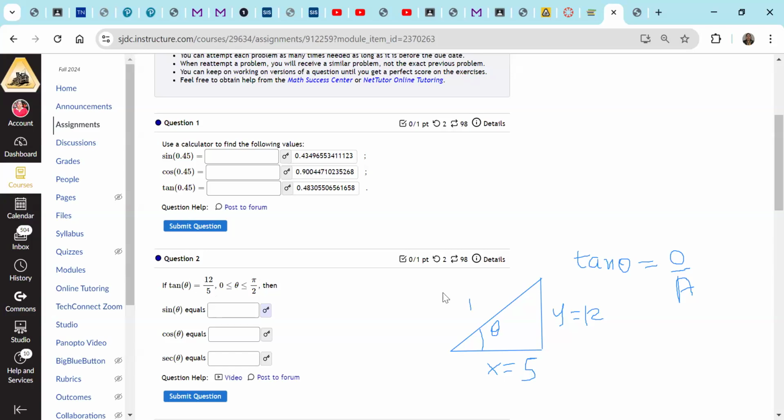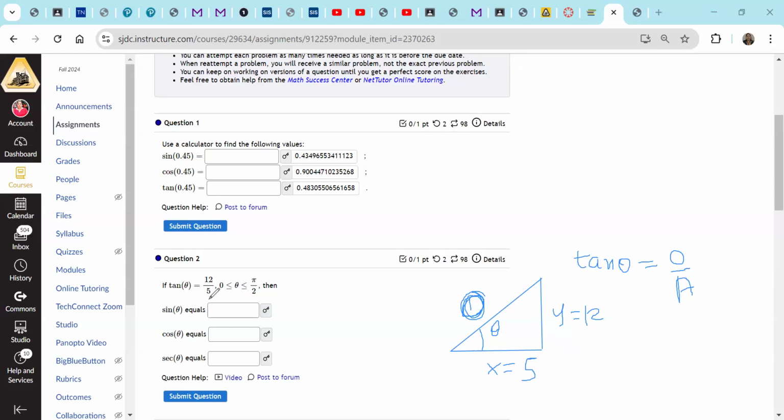So we cannot assume this side as a known side. We don't know what this one would be. This one was 1 in the example that I shared with you if it's a unit circle. This one is simply saying that tangent is in the first quadrant and it's 12 over 5.